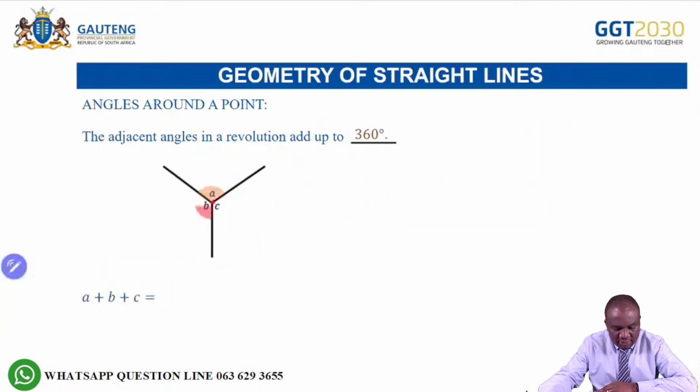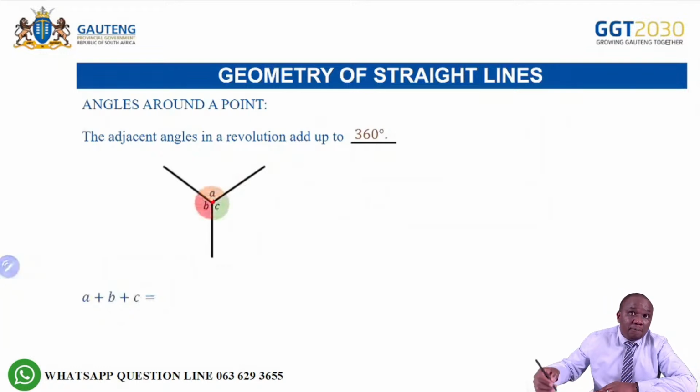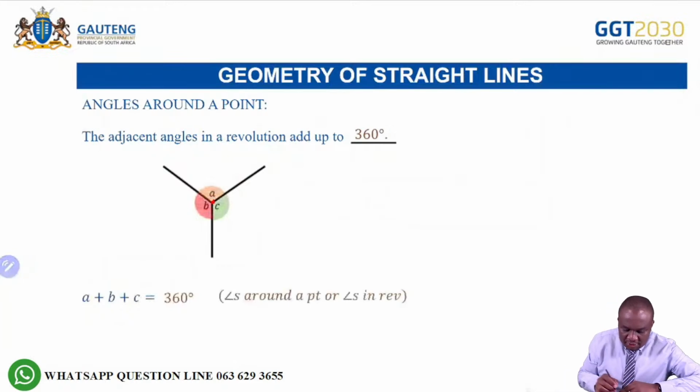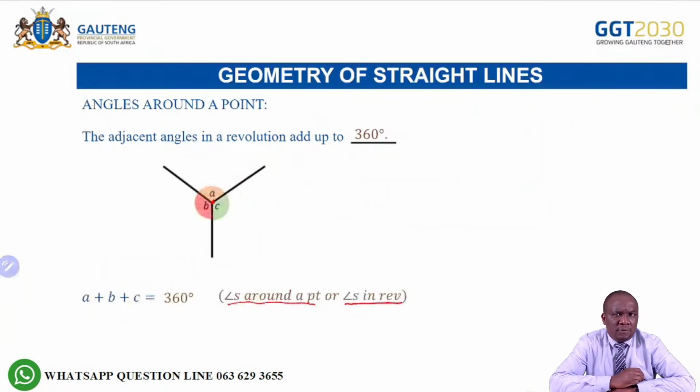It's a complete revolution. And then what reason do we write? We say angles around a point, or angles in revolution. Okay, right, 1 minute to write your notes.